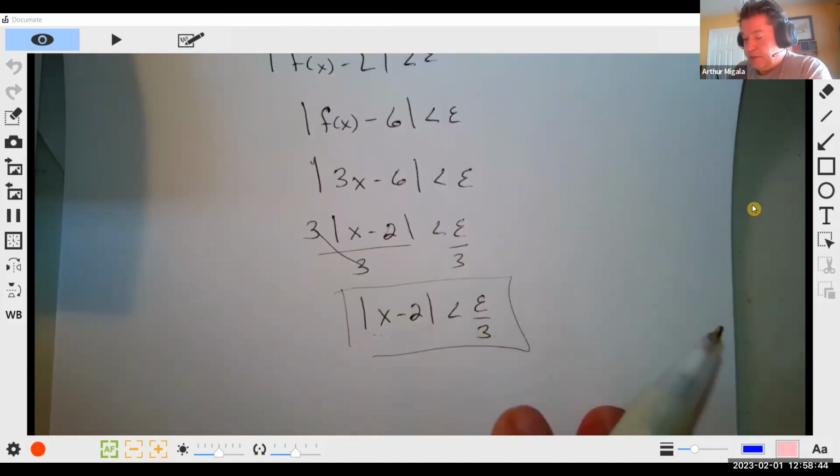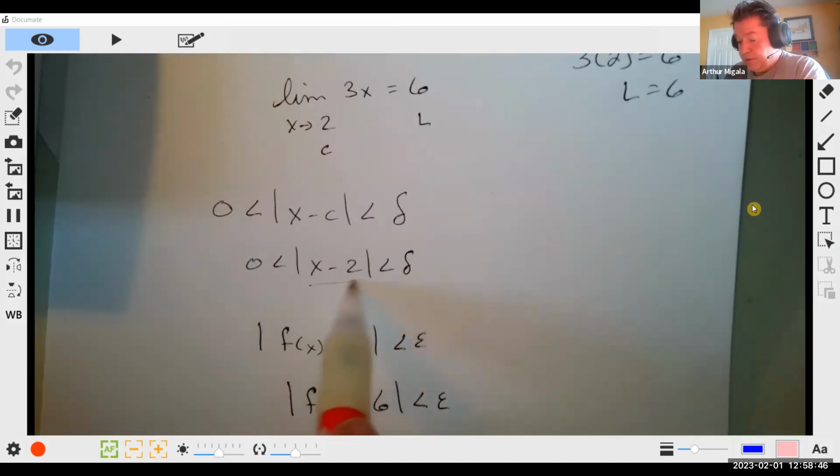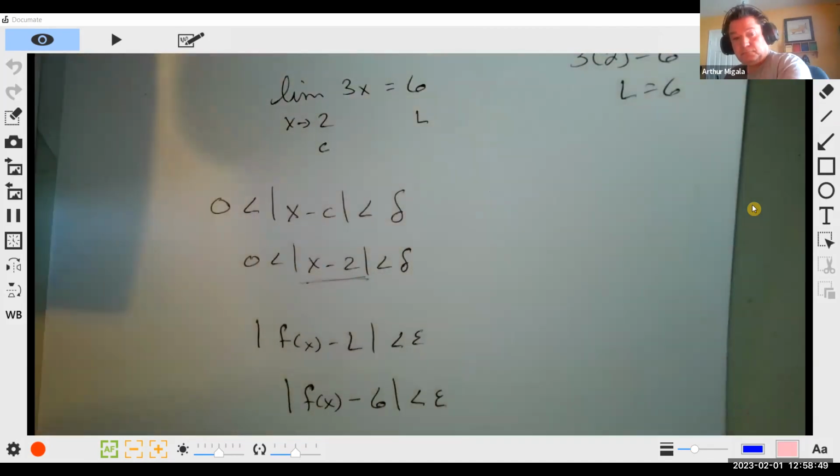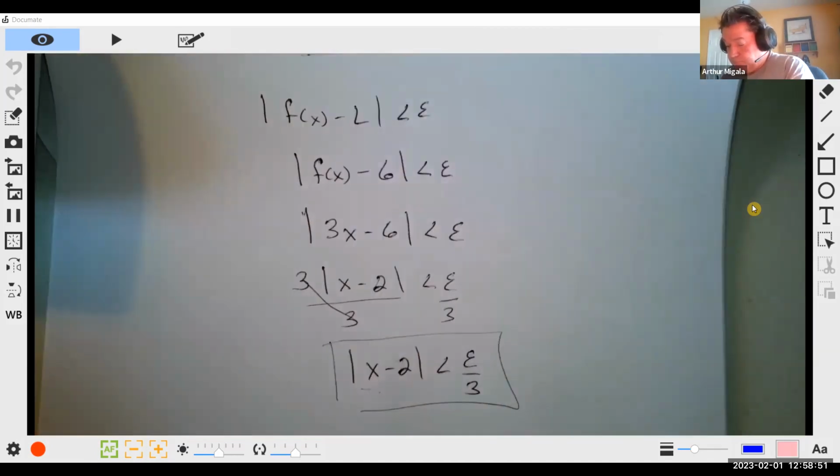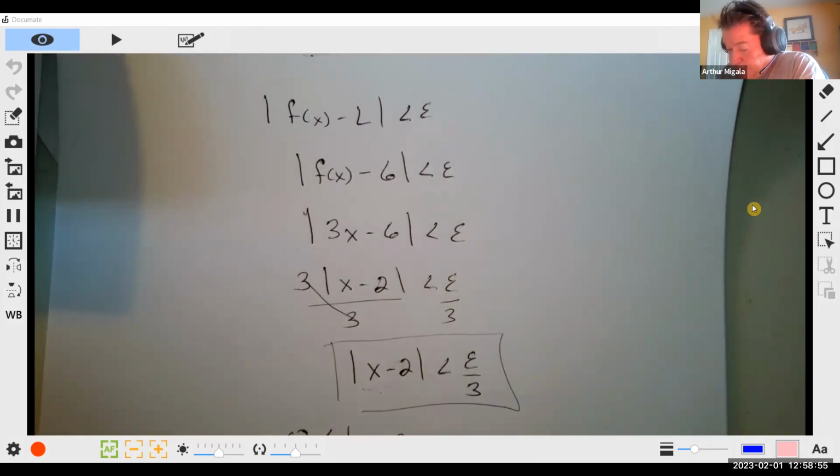So we have the absolute value of x minus 2, which is what we're looking for, because we know that the absolute value of x minus 2 is less than delta. So then delta equals epsilon over 3.